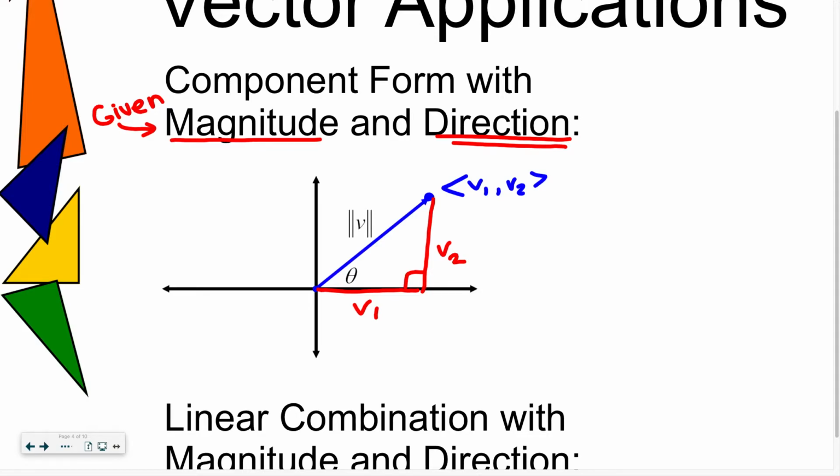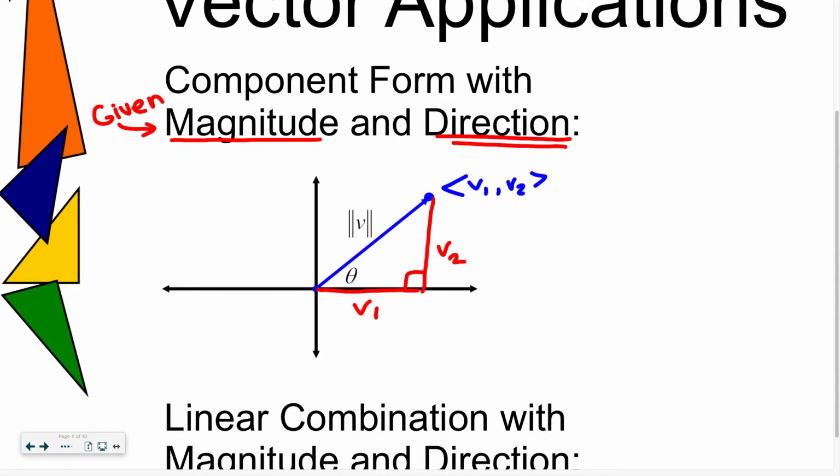And can you tell me what v sub 2, the vertical component, is? Using right triangle trig, what two trig functions are we going to be using for v sub 1 and v sub 2, if you know the angle and you know the magnitude?